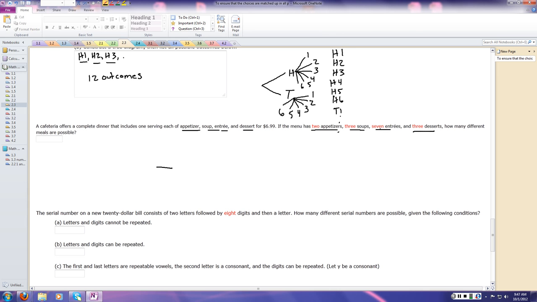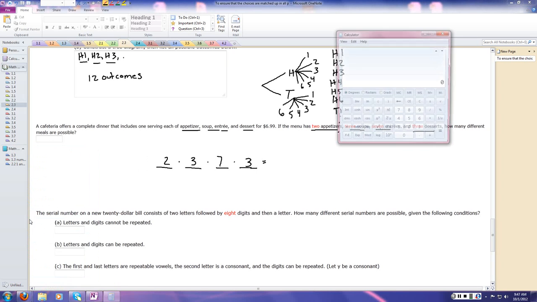You have a choice for appetizer, a choice for soup, a choice for a main dish, and a choice for dessert. So you have 2 appetizers, 3 different possible soups, 7 different entrees, and 3 different desserts. So your answer is going to be 2 times 3 times 7 times 3. And you need to plug that in a calculator and actually get the answer.